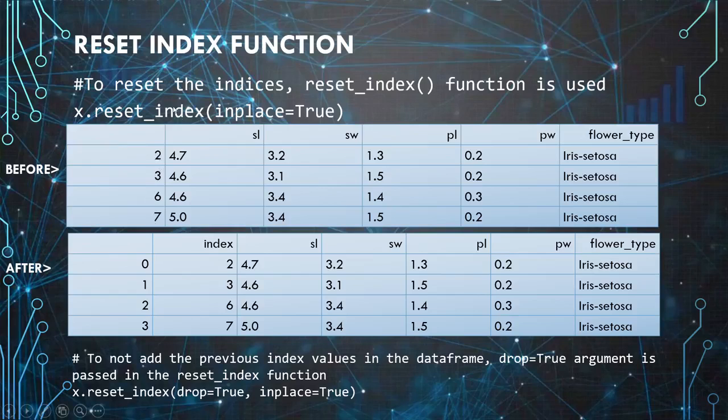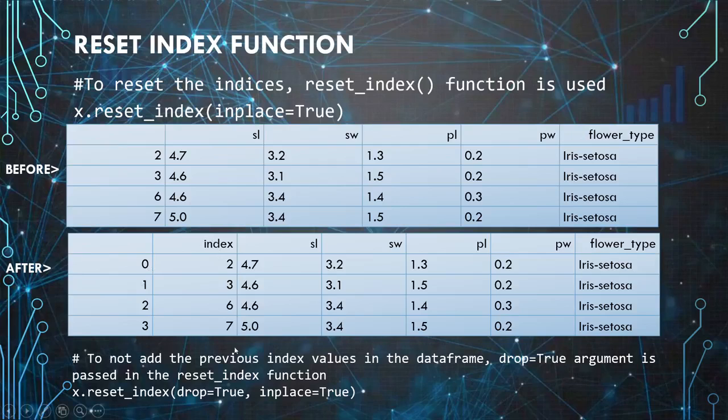So we use the reset_index function. If I write this portion of the code, it will give this output, that is, the old indices are still not gone. What we wanted is exactly not yet achieved.